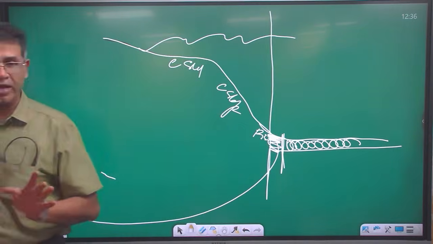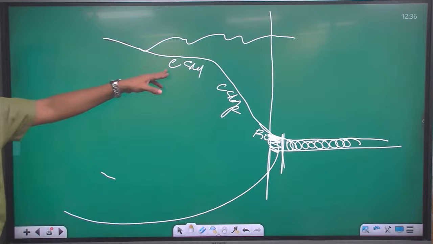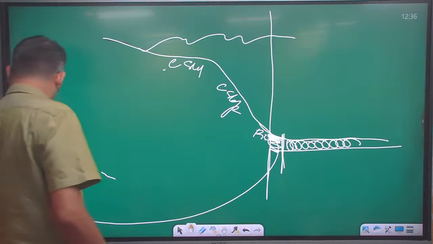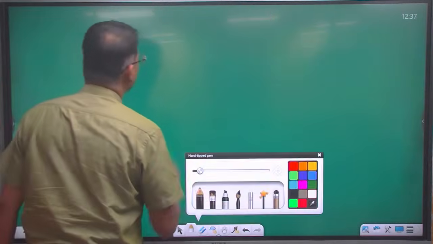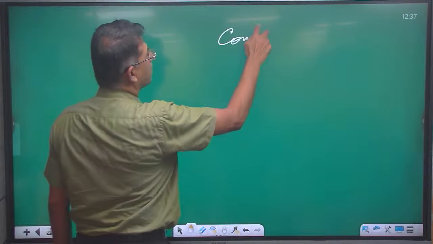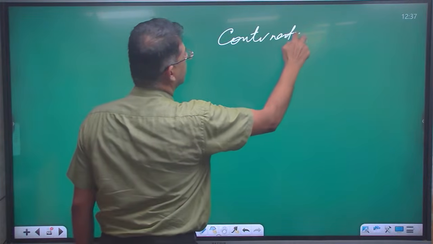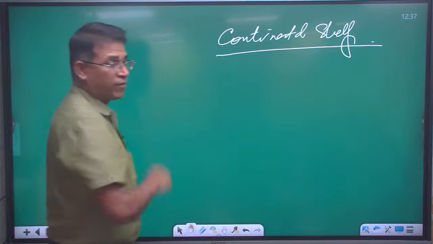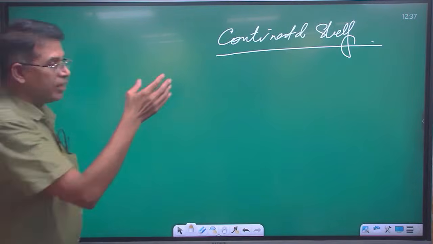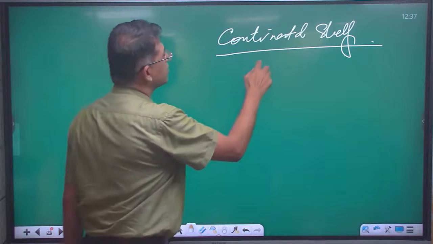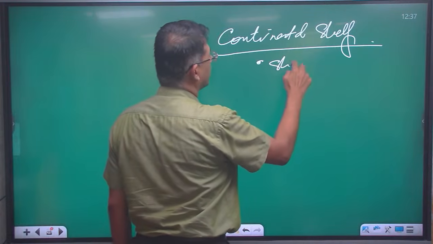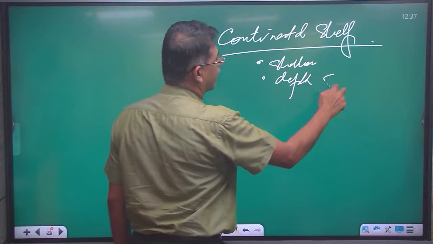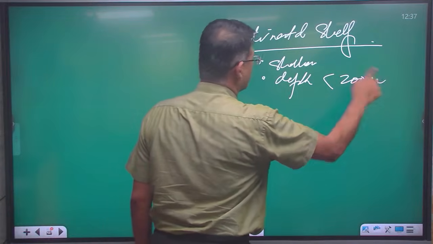Is it okay? All of you done? Okay. And then I was detailing some features of the continental shelf. A shelf, 4-5 points. This is a shallow part. This is a depth of less than 200 meters.